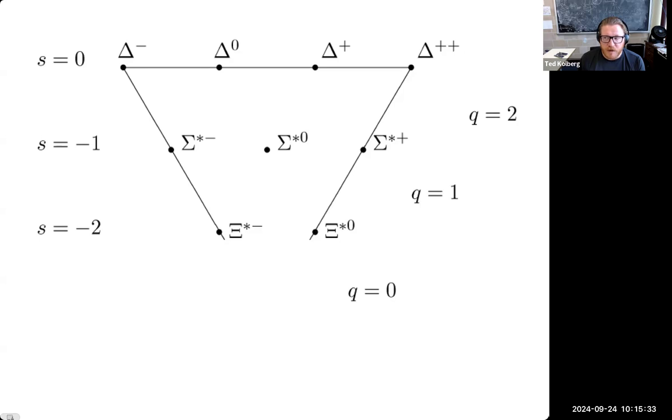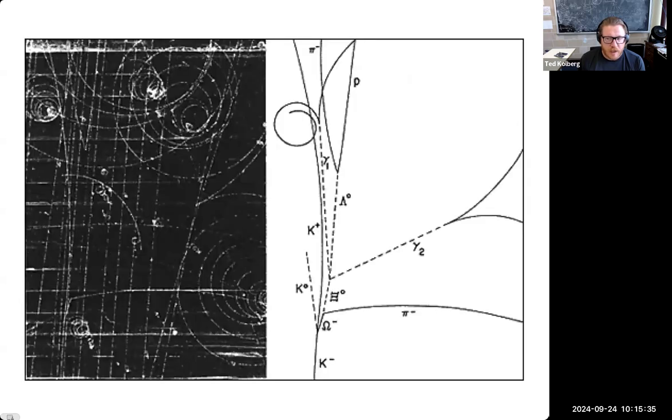And that is discovered eventually through a cascade decay of an experiment at BNL at Brookhaven. There's a synchrotron there called the Cosmotron. They named it the Cosmotron because their aspiration was to create an accelerator which could provide beams as energetic as the higher energy cosmic rays that had been observed around the time.